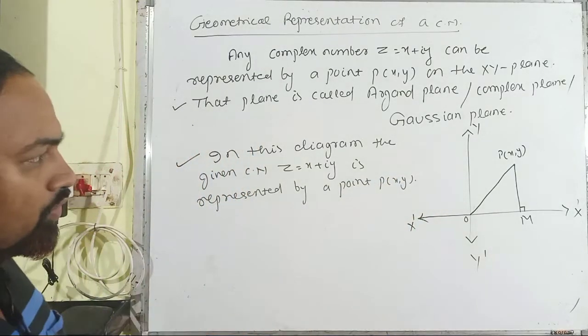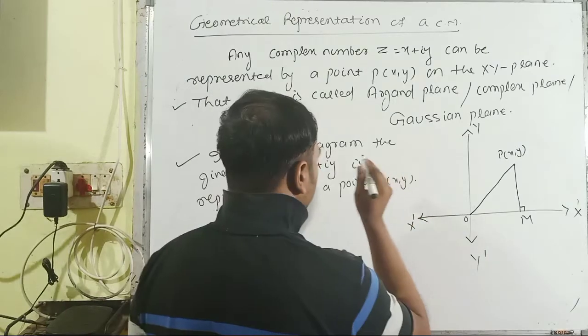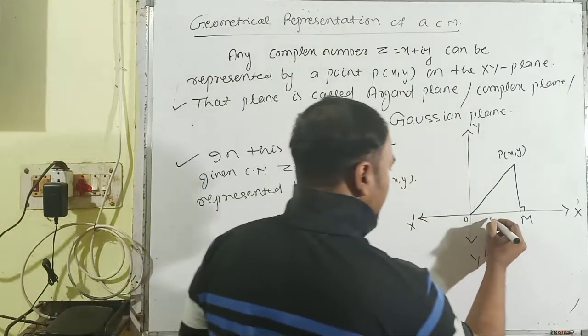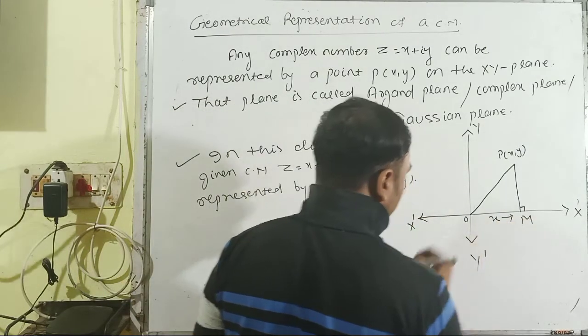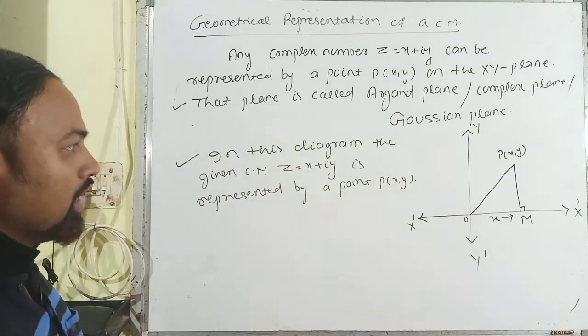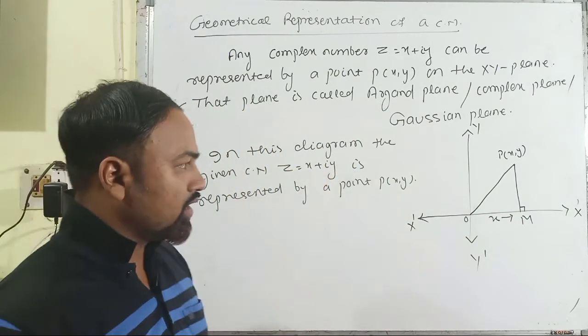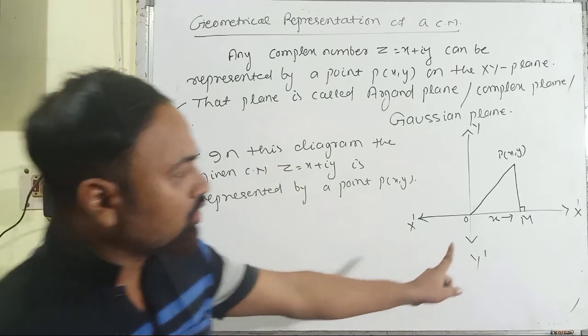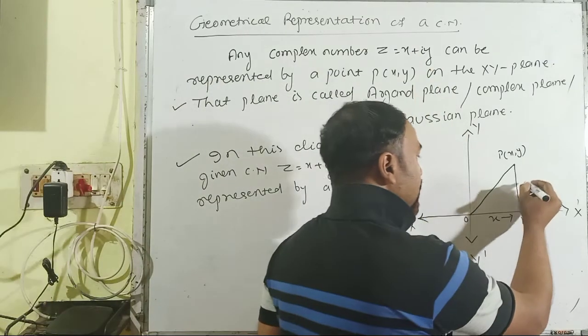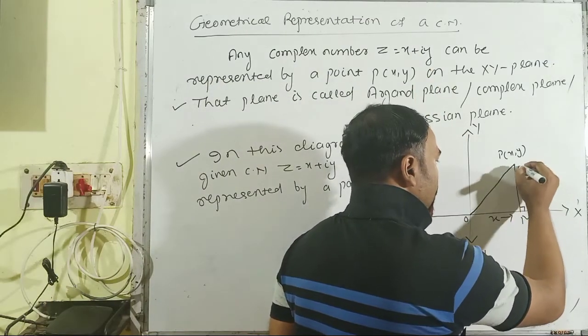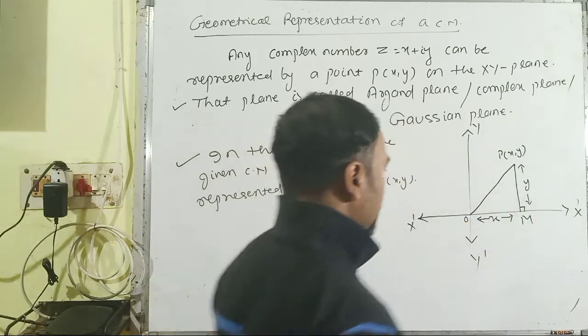The real part of the complex number z, that is x, is represented along the x-axis, and the imaginary part y is represented along the y-axis. That means this is the distance y, and here it is x.